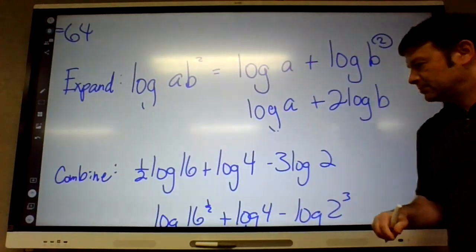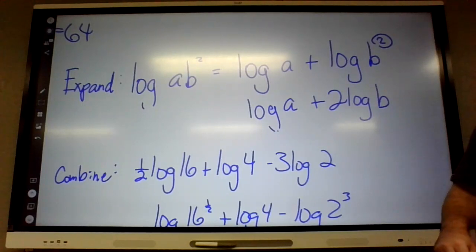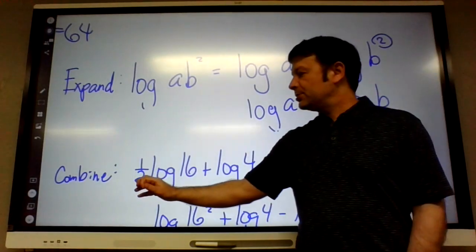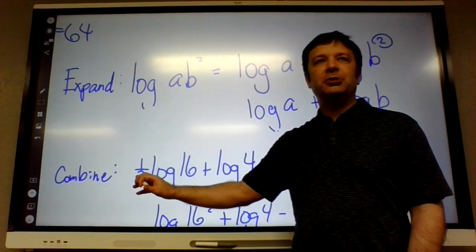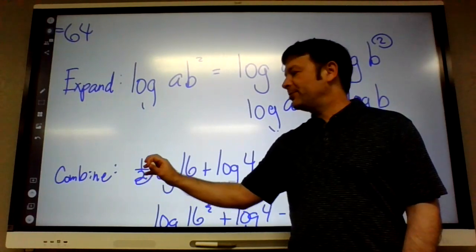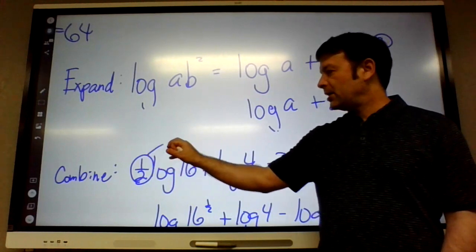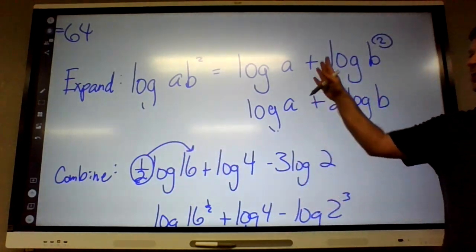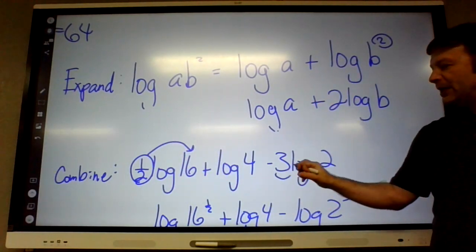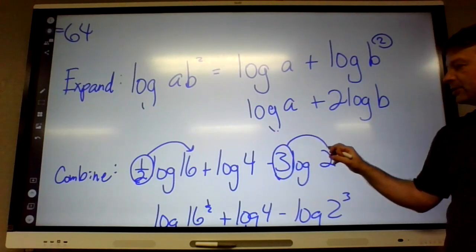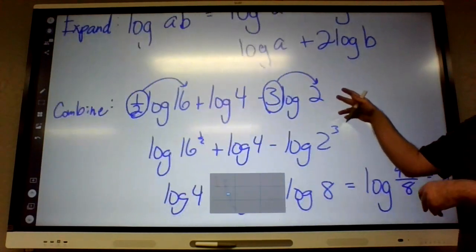What can we do with this number in front right here? It can move up to the exponent. So we're doing the opposite of this one. Same thing with this 3 right here. Moves up to the exponent.